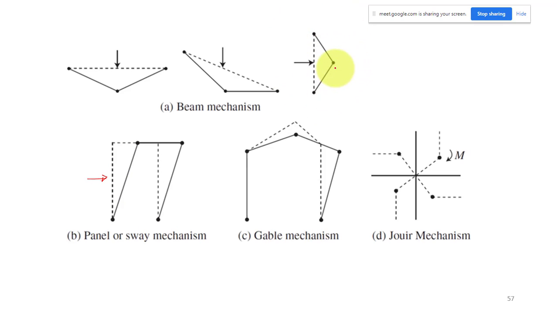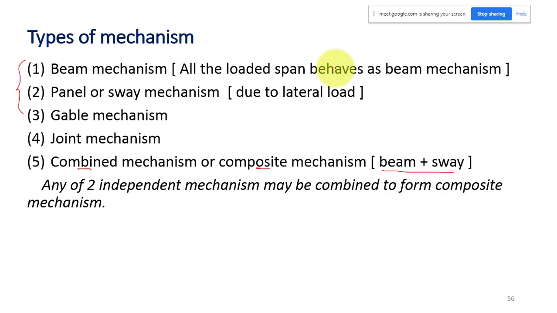Beam mechanism does not mean that it is only for the beam. It is applicable for all types of structures, continuous beams and frames also. Only thing is we take all the loaded spans as beam mechanisms, one by one, and check for the beam mechanism.